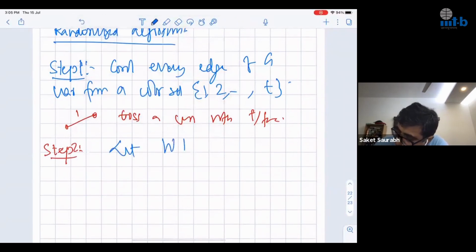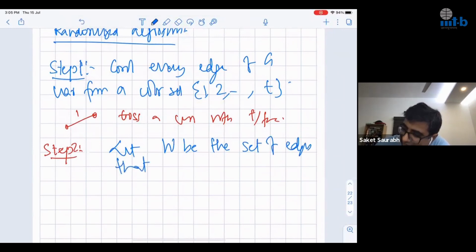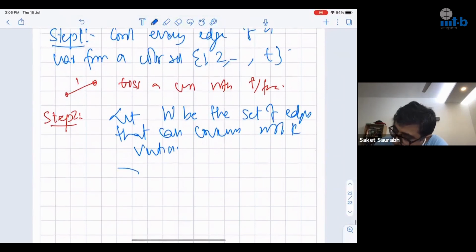Let W be the set of edges that can be covered with k vertices. There's a set S which covers at least T edges.